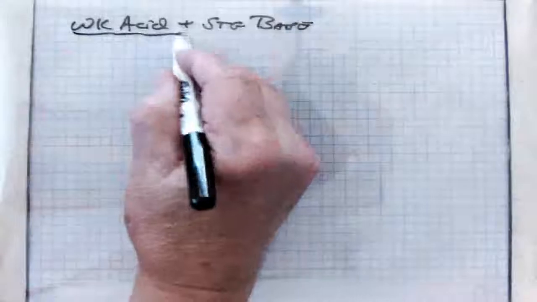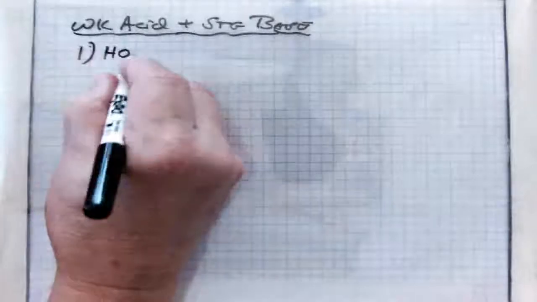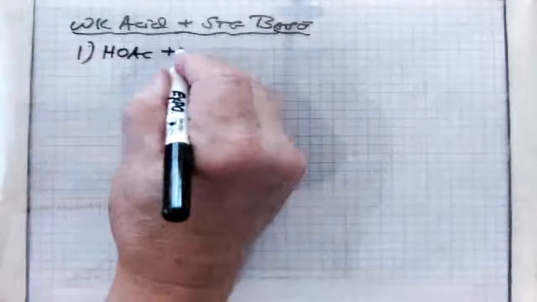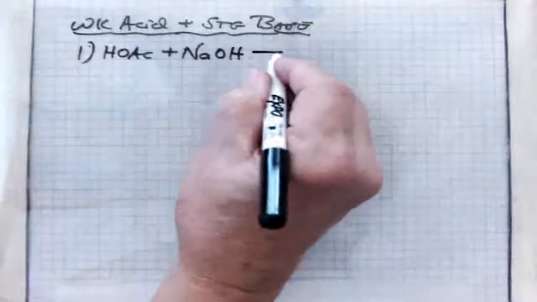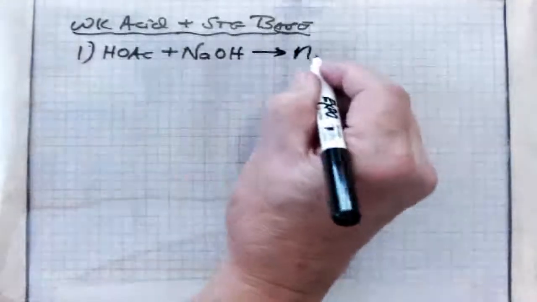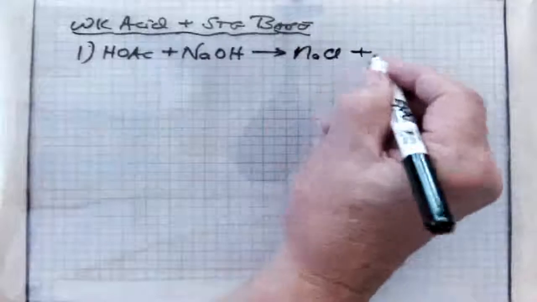Then we take the salt, the sodium acetate, and ionize it, Na+ and OAc-, and then 3 and 4 will be taking each ion and reacting with water, hydrolysis.